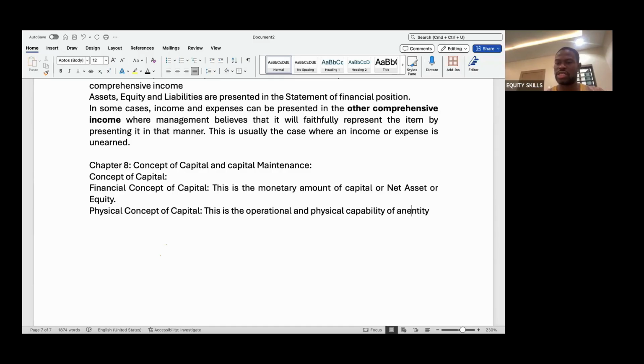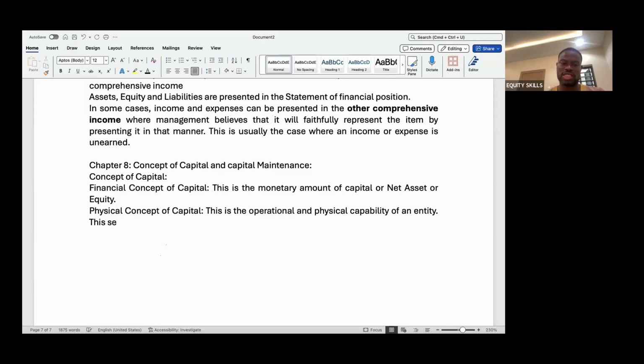So this is capital as your operational or physical capability or capacity in terms of the amount of units you're able to produce, in terms of your purchasing power, in terms of what you can actually do as an entity.